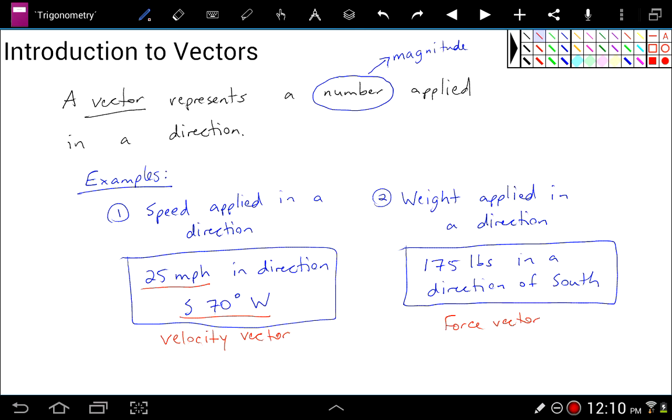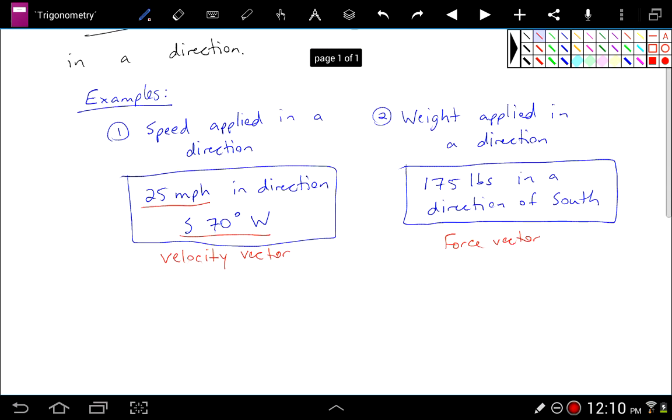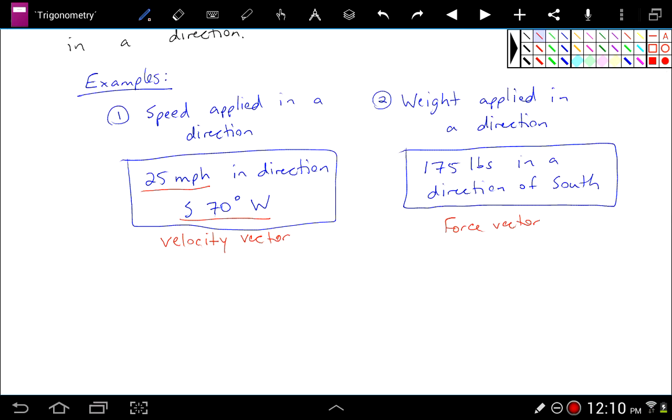So another way to represent a vector, which is very common, is to use an arrow, a ray, if you will. So for example, we could represent this velocity vector here, number one. If we draw the direction of south 70 degrees west and make an arrow out of that, then this could represent the vector.